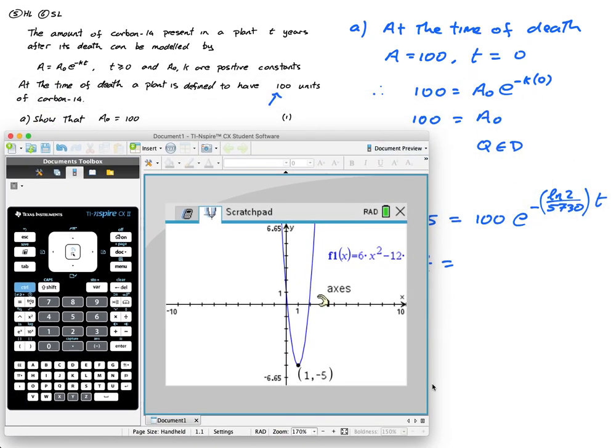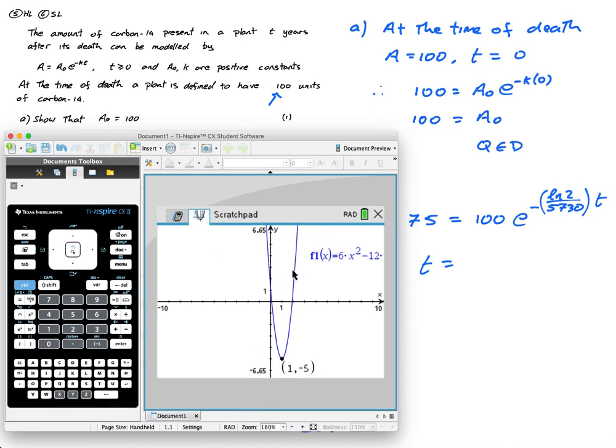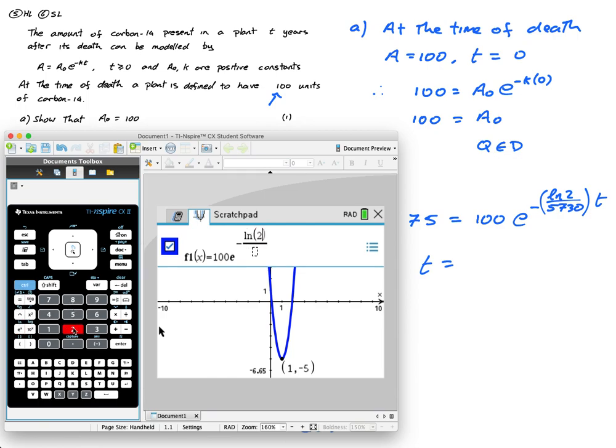Let's sketch it. I'm going to sketch 100 times e to the power of negative ln of 2 over 5,730, and I have to call this x, not t, because your graph needs x and y.